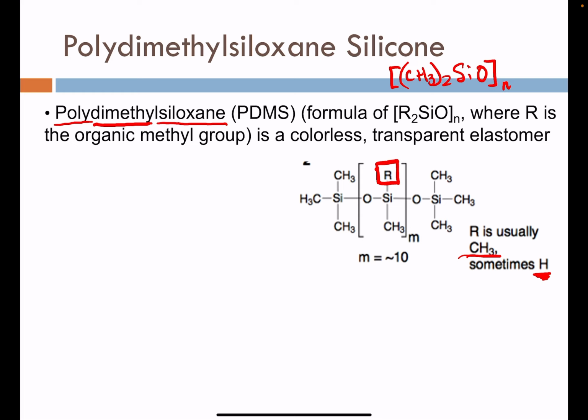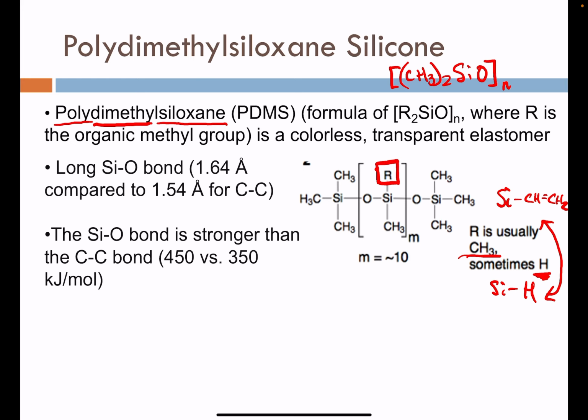And that Si-H bond is reactive towards an Si-vinyl group, as we'll see. Okay, so these two groups will react to help set our silicones, as we'll discuss in this lab.